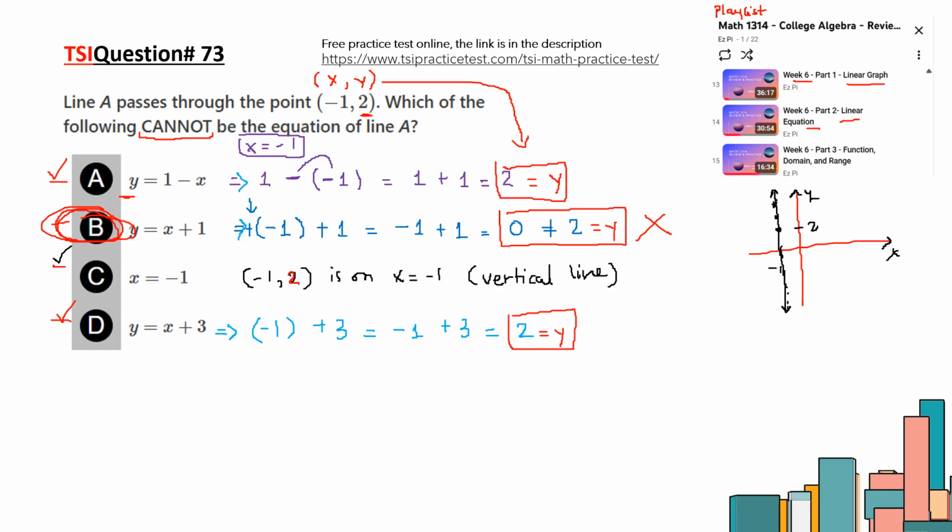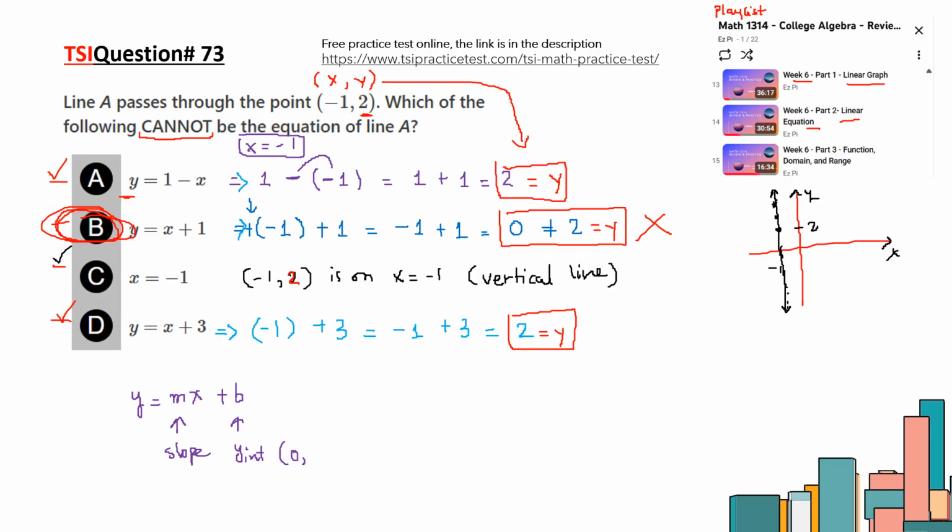And if you want to see what the graph looks like, I will graph it for you, okay? So right here you see the linear equation is y equals mx plus b. So m right here is the slope, and b right here is the y-intercept.